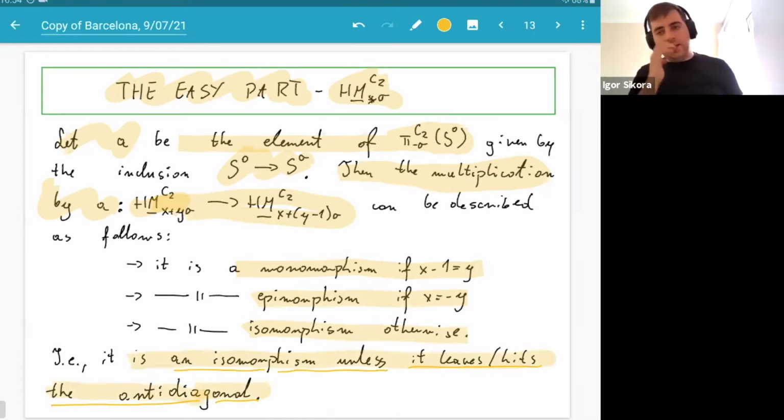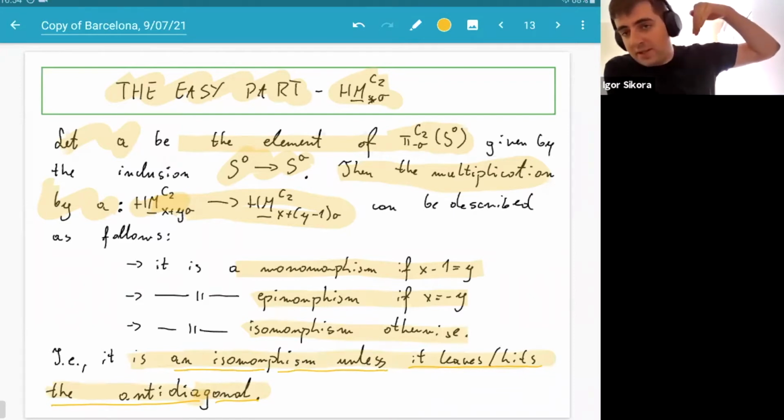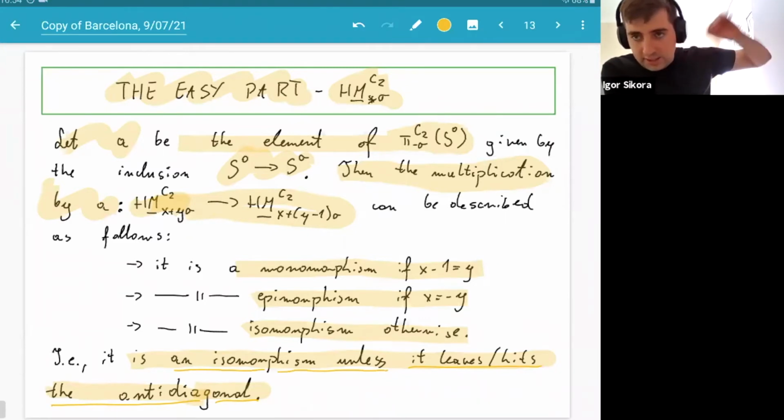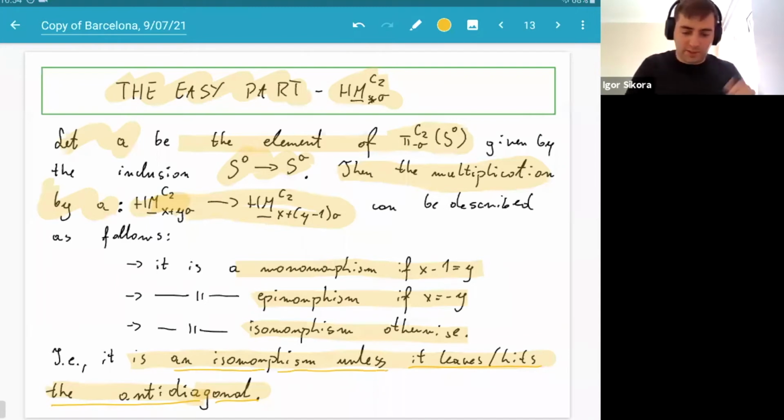And in all the pictures which I will show you today, we will see a pattern of vertical periodicity, and this is exactly given by multiplication by a. This periodicity is broken exactly at the antidiagonal. Or may be broken.